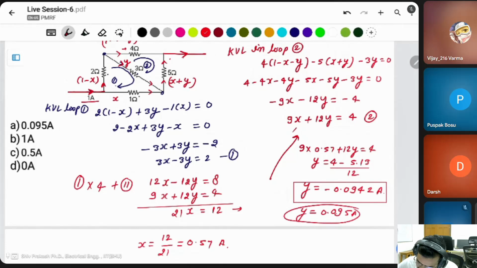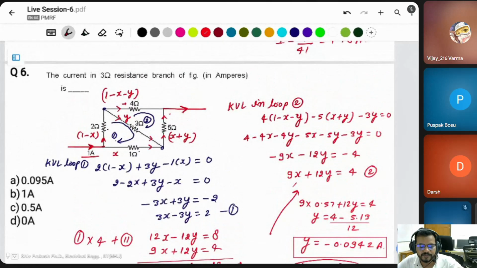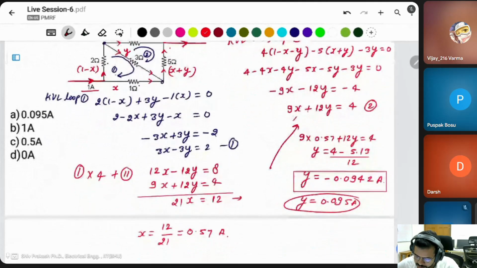Then this equation is 9X plus 12Y is equal to 4. Simply add both. 9 plus 4 is 13X is equal to 12. Then X is equal to 12 by 13, 0.8571 ampere.